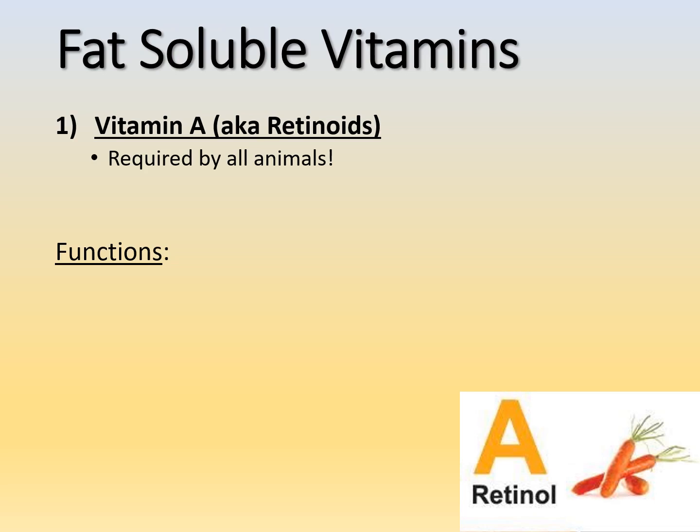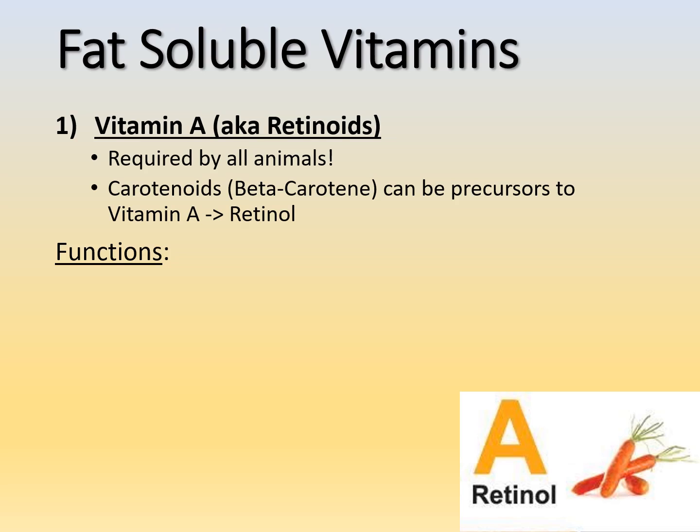So now let's start talking about those individual vitamins, and we're going to start with the fat-soluble vitamins. There's only 4 of them, right? So let's start with vitamin A. And these are required by all animals. They're also referred to as retinoids, okay? So vitamin A is also called retinol.